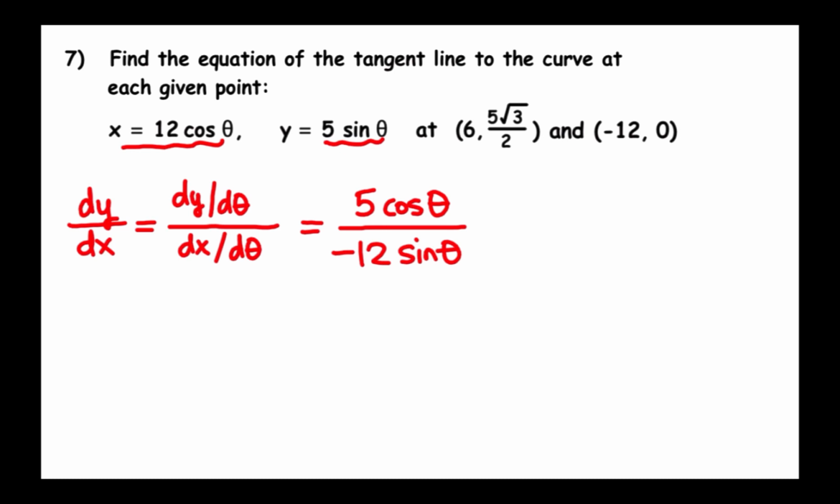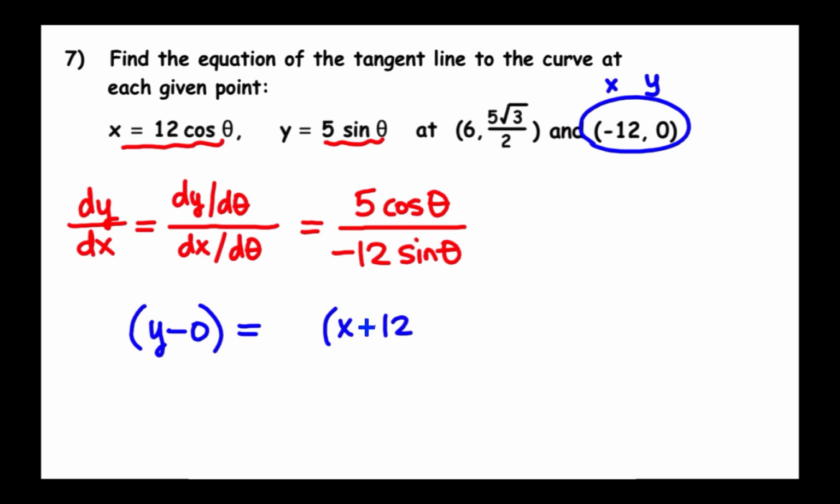And then we have to figure out the two different tangent lines. Let's go ahead and start with the easier one, which I believe to be the negative 12, 0 at the end. I'll do that in blue. Remember that the negative 12 is the x, the 0 is the y. So starting out here, we've got y minus 0, which is completely unnecessary, equals slope, which I'm going to leave blank. And to find the slope, we'll just take the theta and plug it in.